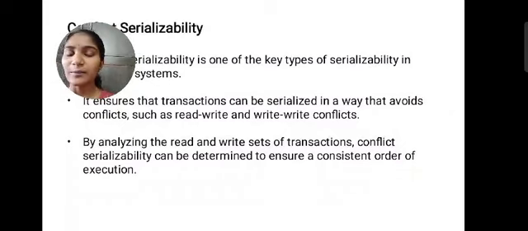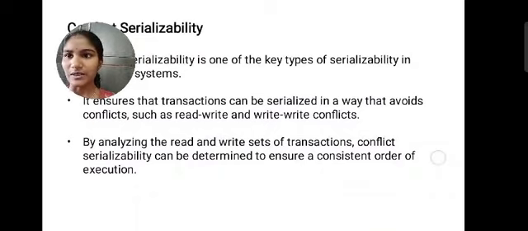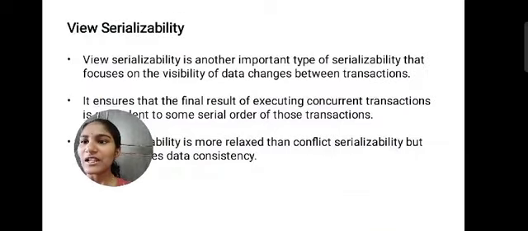We check conflict serializability for a parallel transaction first, and then if conflict serializability is not occurring for the parallel transaction, then we go to view serializability. And next, coming to view serializability, it is another important type of serializability that focuses on visibility of data changes between the transactions. Generally, there will be parallel transactions occurring in a database.